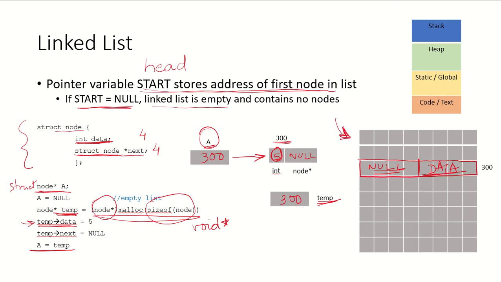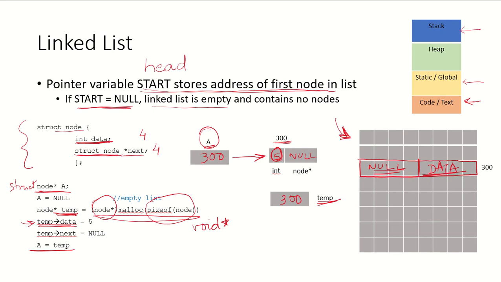So where is this memory being used? We know that the memory layout of any program that is running in a machine consists of 4 parts. One is the text part, which contains all the instructions that are to be executed. There is this part where all the static and the global variables are stored.